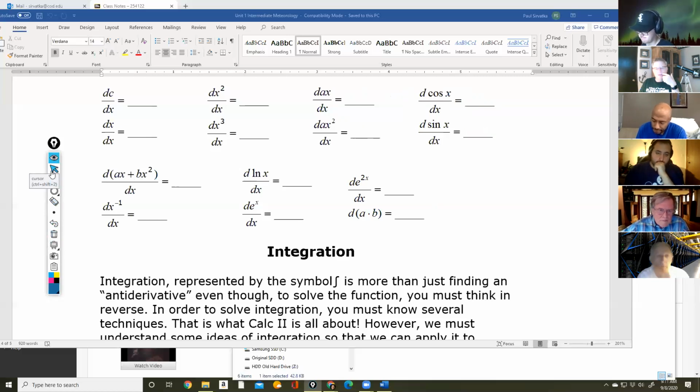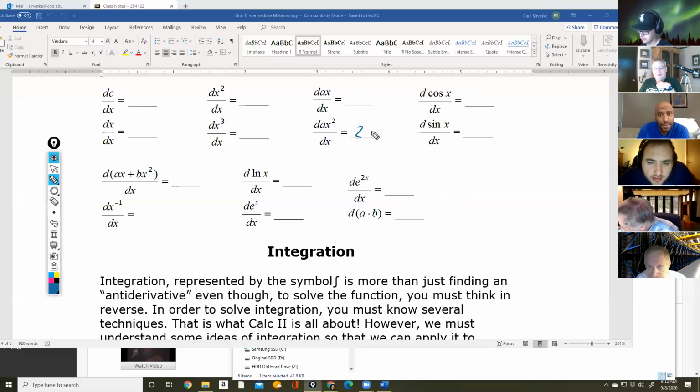Okay, now this. What was the answer to 2ax over dx again? Is it an A?